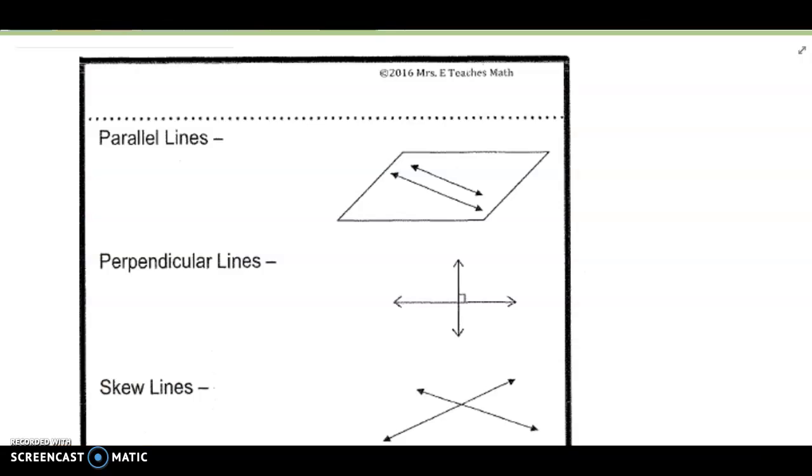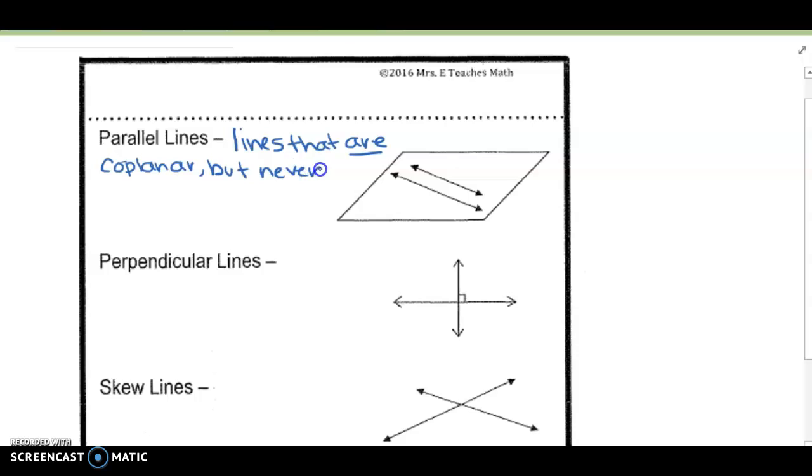All right, let's go ahead and start writing on some of these. Some of these may be review or should be reviewed from Algebra 1, but some of them may be new concepts, so that's okay. So parallel lines are lines that are coplanar, so they lie on the same plane, but they never intersect.